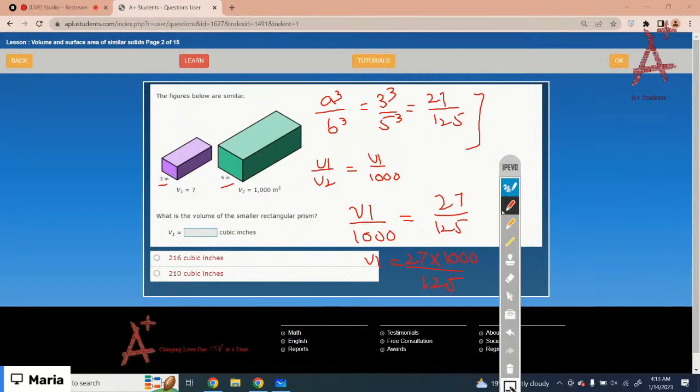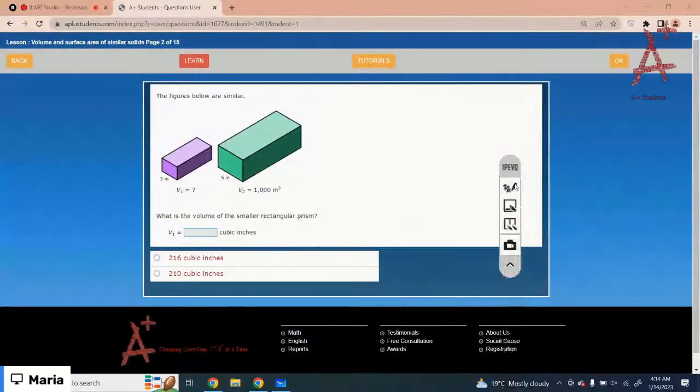It would be 27,000 divided by 125, that would be 216 cubic inches. That would be V1 equals 216 cubic inches. So option number 1 is the correct option. Just select the correct option, then click on the OK button.